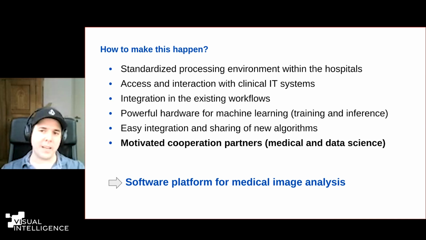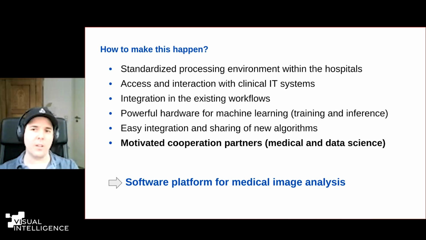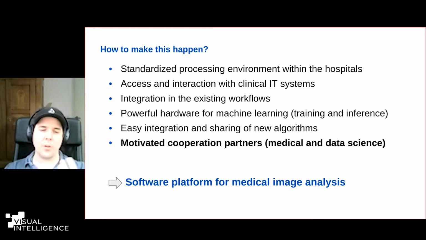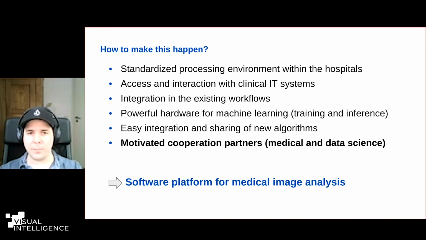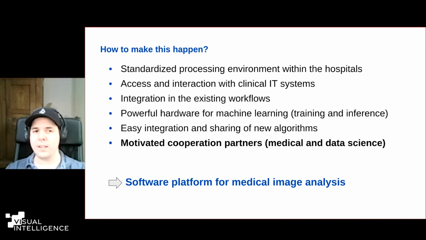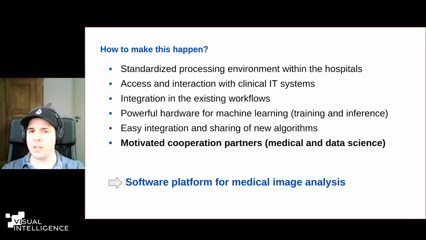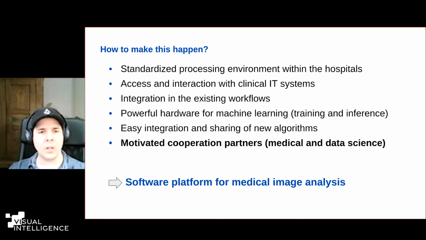In terms of medical imaging, the most important system is the PACS, the main imaging storage in a clinic where all the images are stored. The third thing is that physicians or local employees need to be able to integrate this workflow of analyzing new models within their existing workflows.